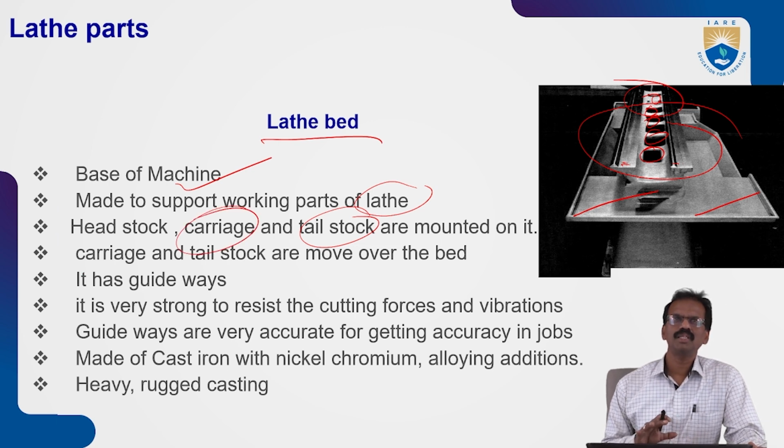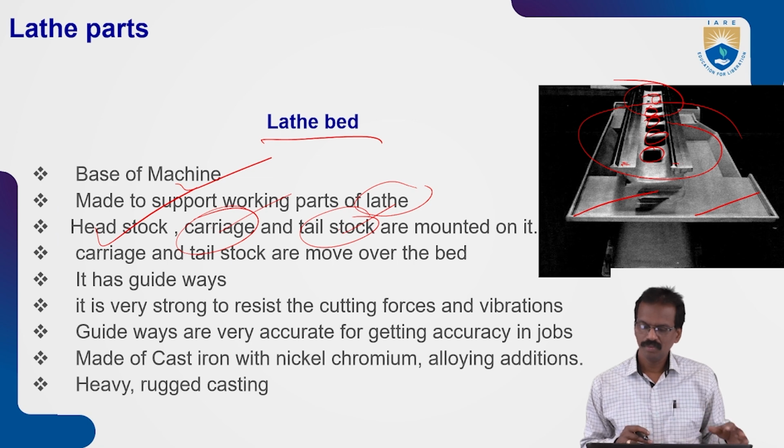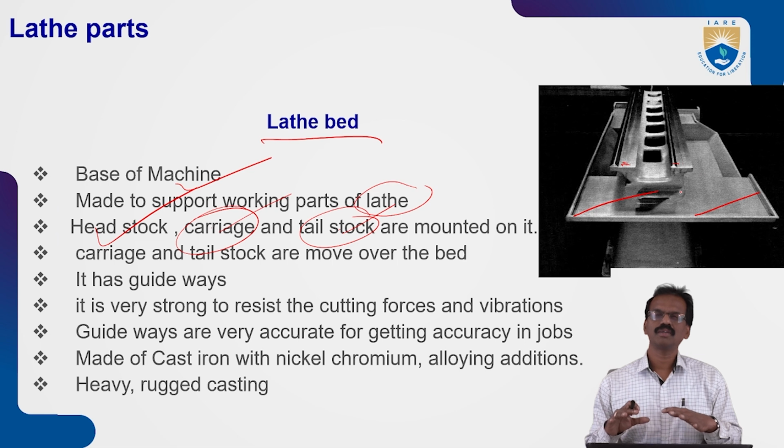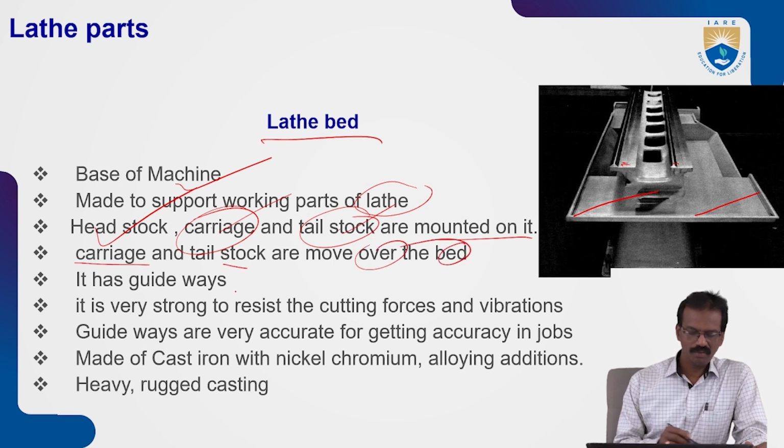So all these main three parts are placed on the bed, and except the headstock, the remaining carriage and tailstock move by the help of the guideways, which are made on the bed. Headstock, carriage, and tailstock are mounted on the bed, and the carriage and tailstock are moved over the bed.